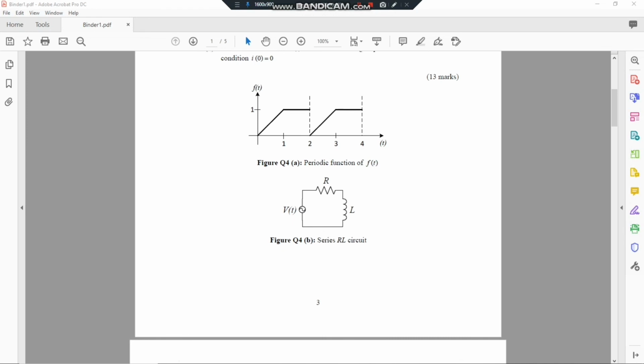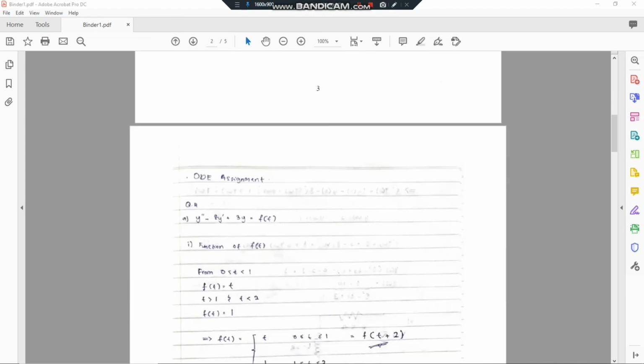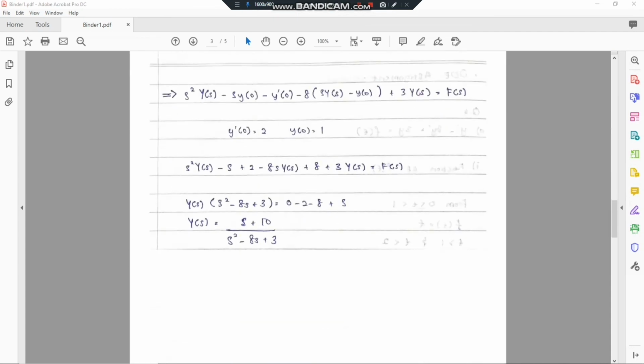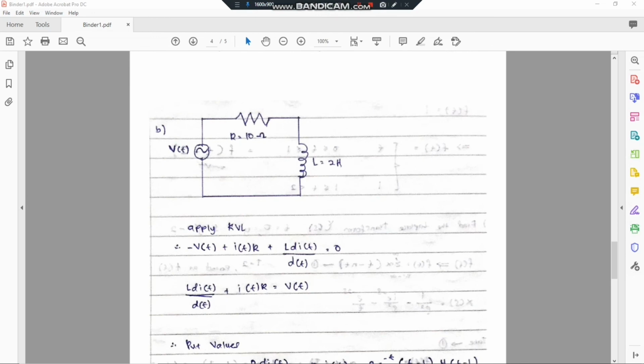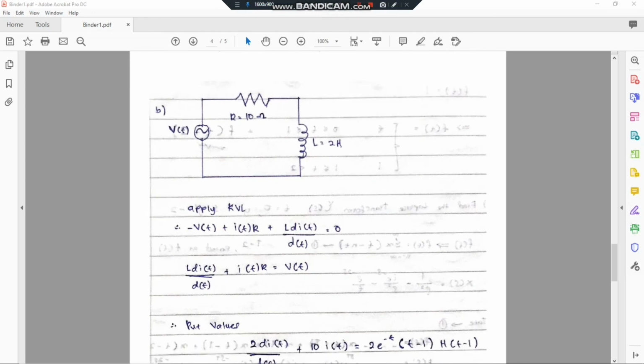As we can see, here is the series RL circuit for figure question 4b. For question 4b number 1, this is the circuit.